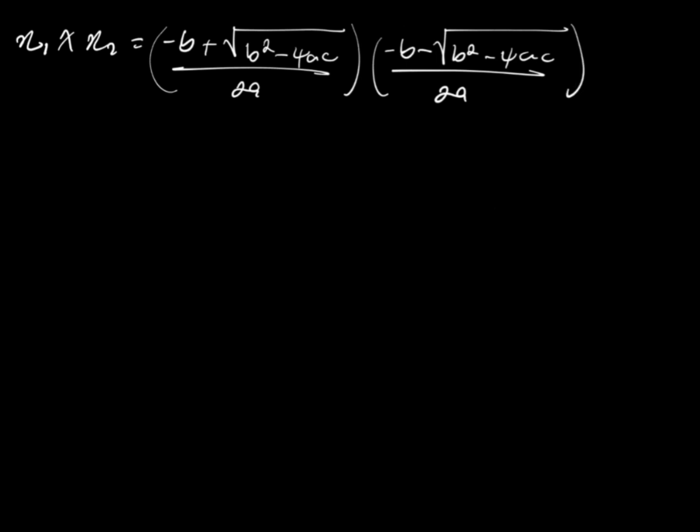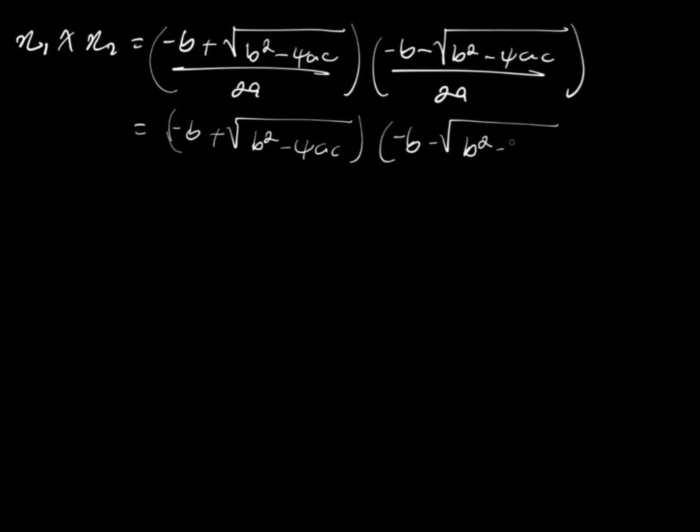When we do a quick multiplication, the numerator is negative b plus root of b squared minus 4ac, times negative b minus root of b squared minus 4ac, all over 4a squared.